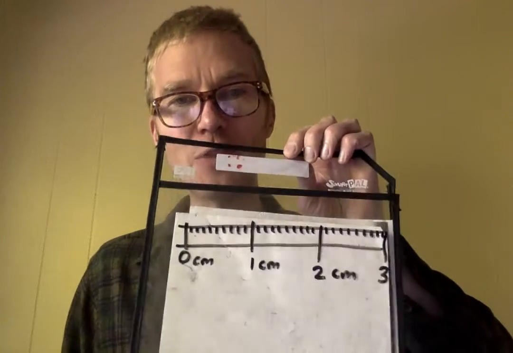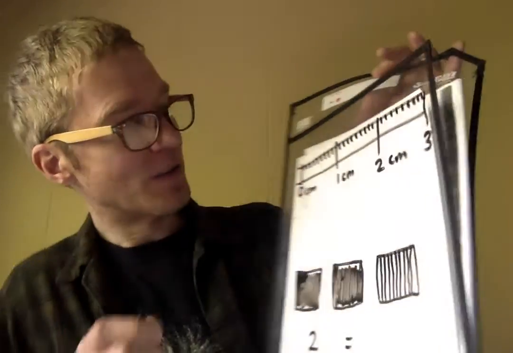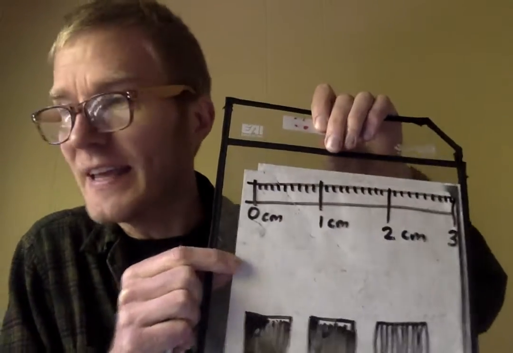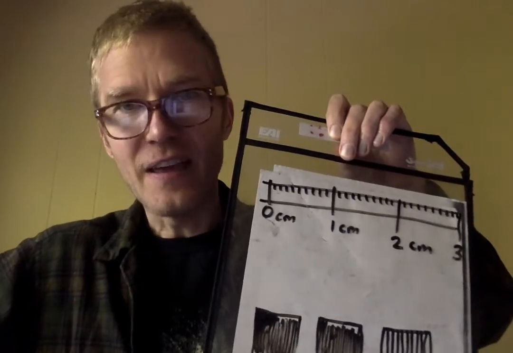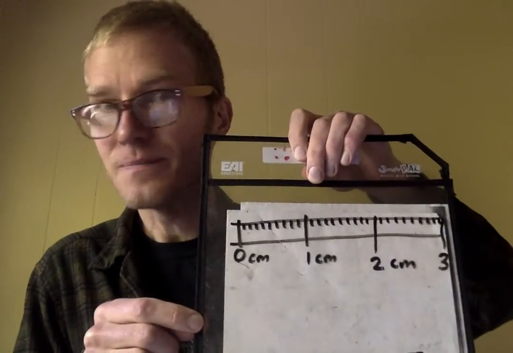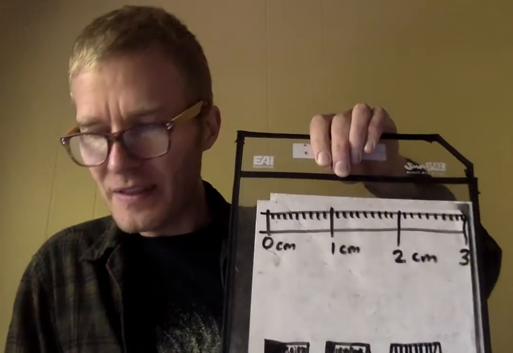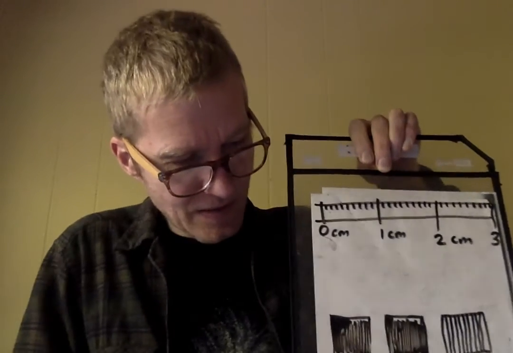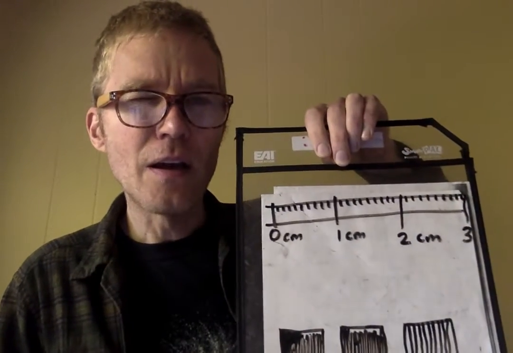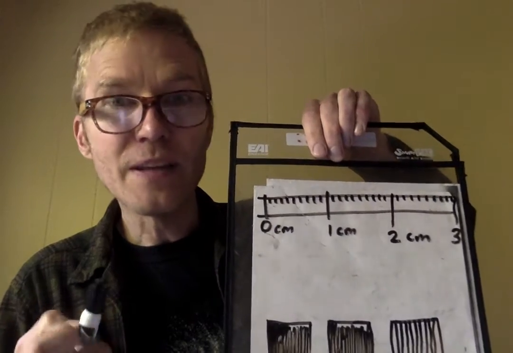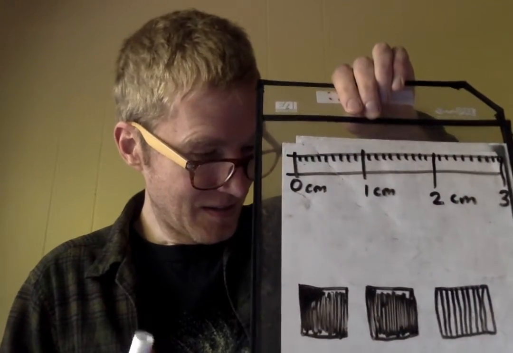So if you see this, it's like a magnification of a ruler. And if you see on your assignment something that looks like, hey, what is the measurement of the line?